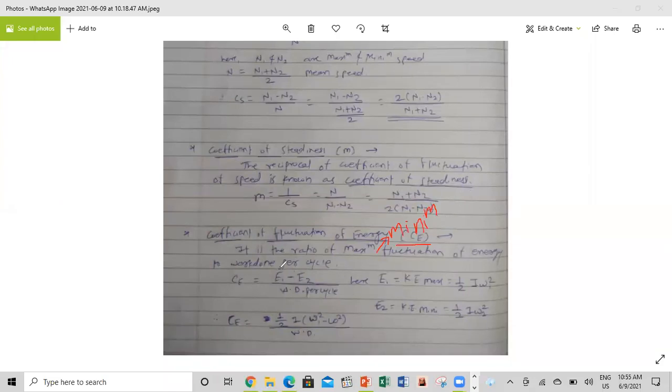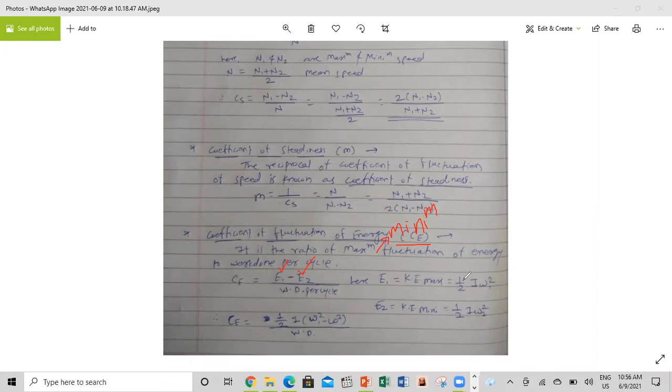Okay, so capital E1 is the maximum energy, capital E2 is the minimum energy, and the difference is E1 minus E2. Here E1 is the maximum kinetic energy and E2 is the minimum kinetic energy. The formula for kinetic energy is 1 upon 2 I omega 1 square, and 1 upon 2 I omega 2 square.